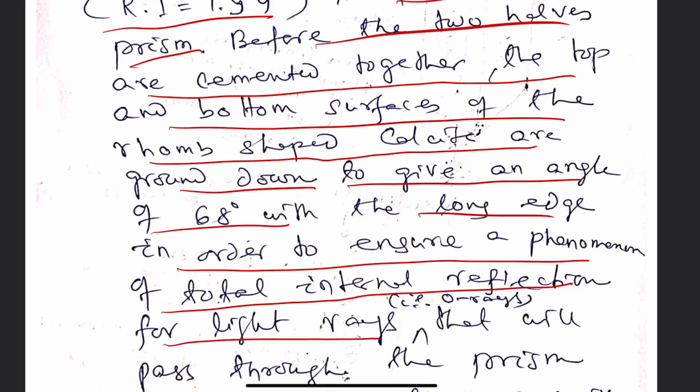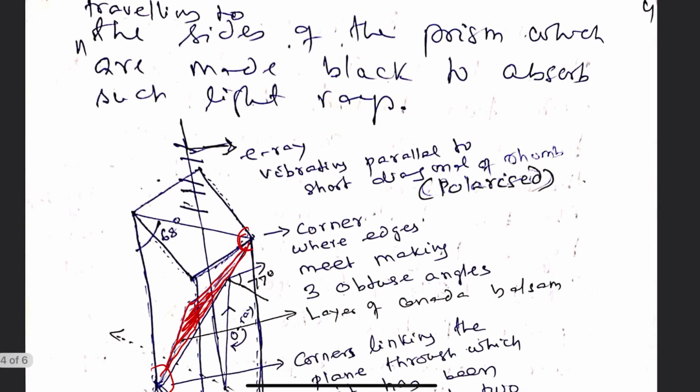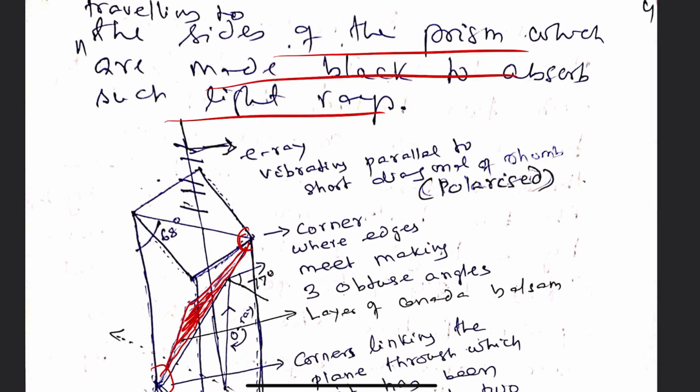The rays that are eliminated through this total internal reflection are thrown to the sides of the prism, where they are absorbed by the black wall of the prism.